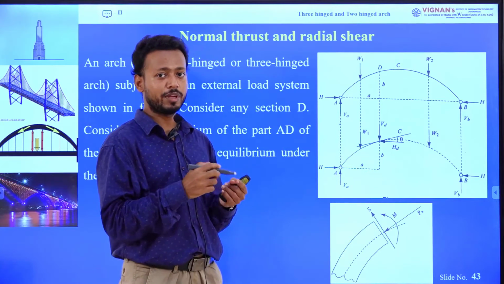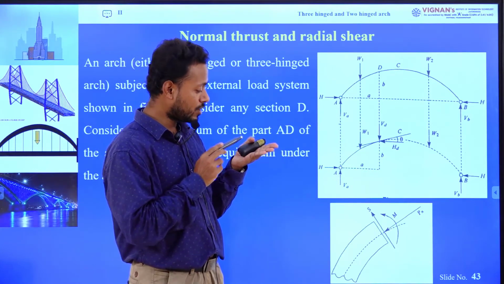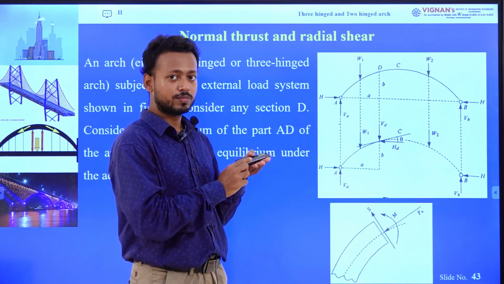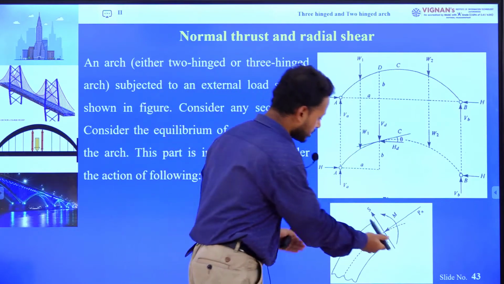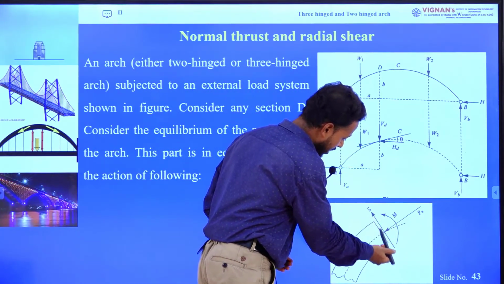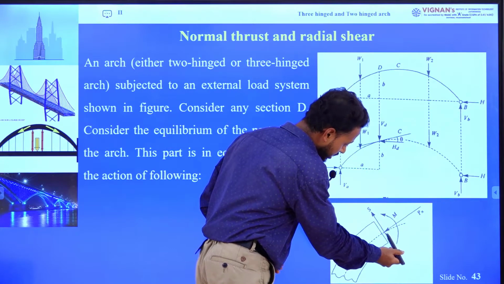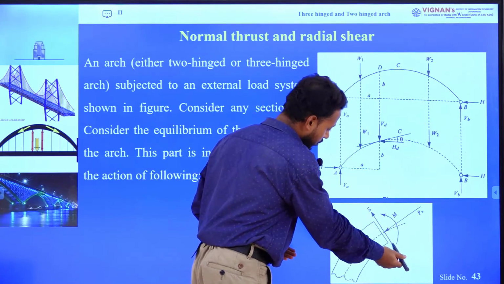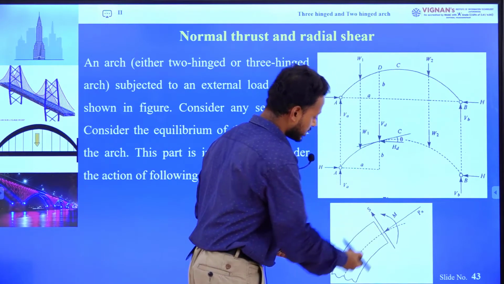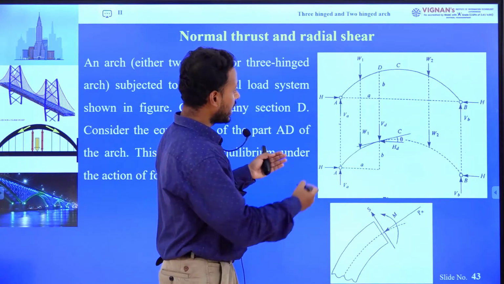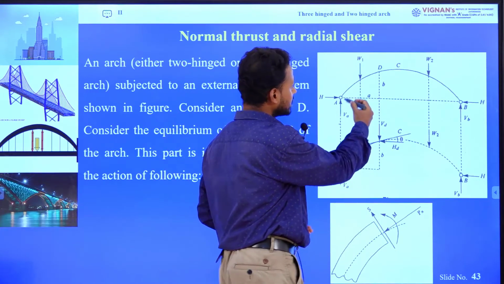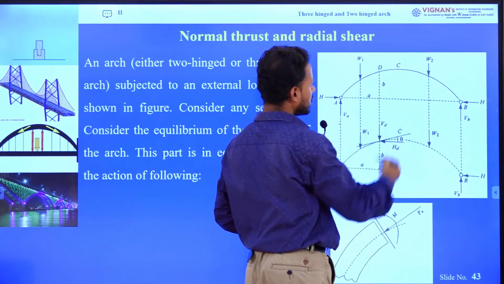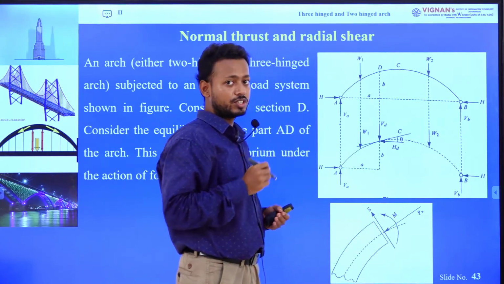And the radial shear means the force which is parallel to the cross section. This S force is parallel to this cross section, so this is shear. This force is trying to shear this cross section, that's why it is called shear force. And as this is a curved girder, we call it radial shear.